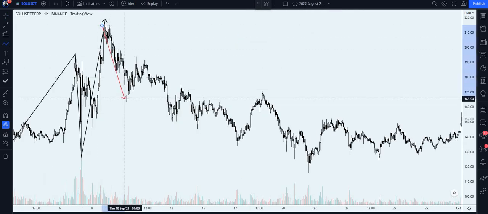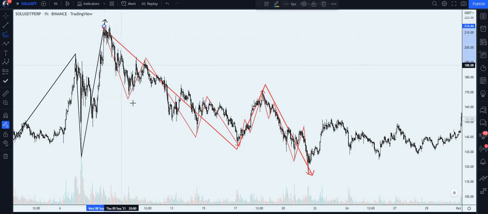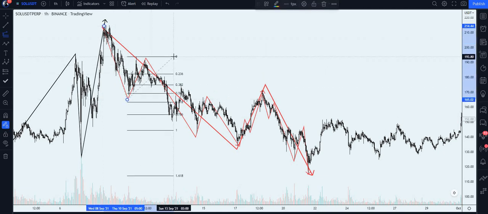Okay, we got 1, 2, 3, 4, and 5. We got our A, B, C, and we got our 1, 2, 3, 4, and 5 for our A, B, C. And what do we get on the Fib extension from the beginning, top to the retracement, right?